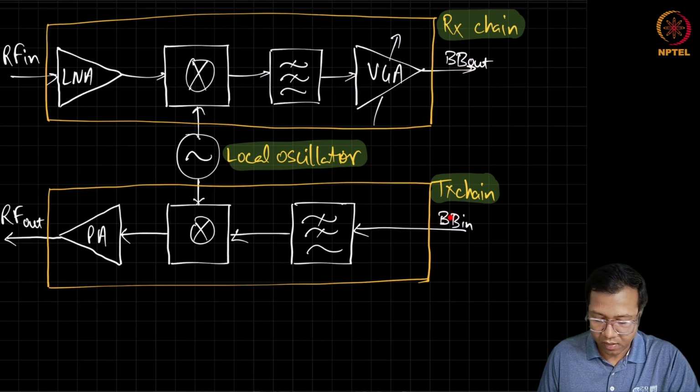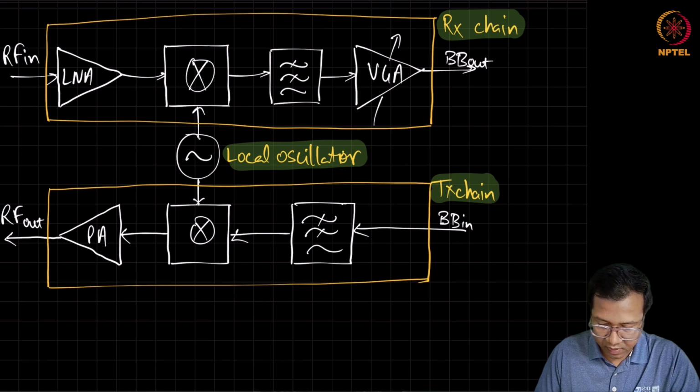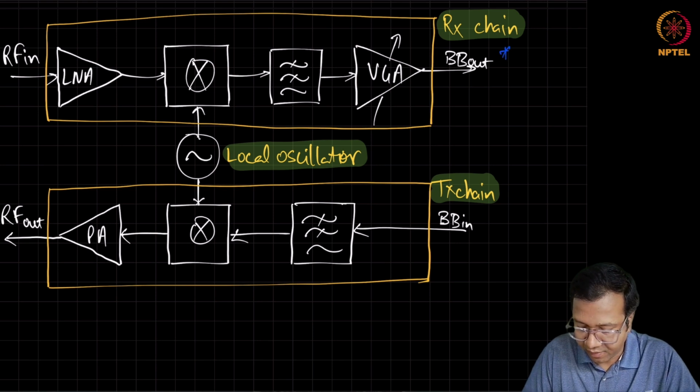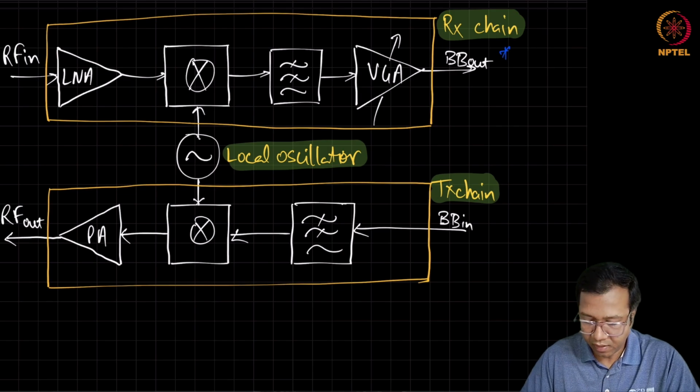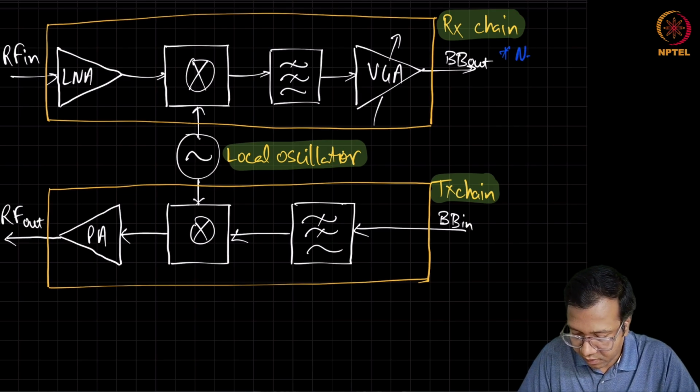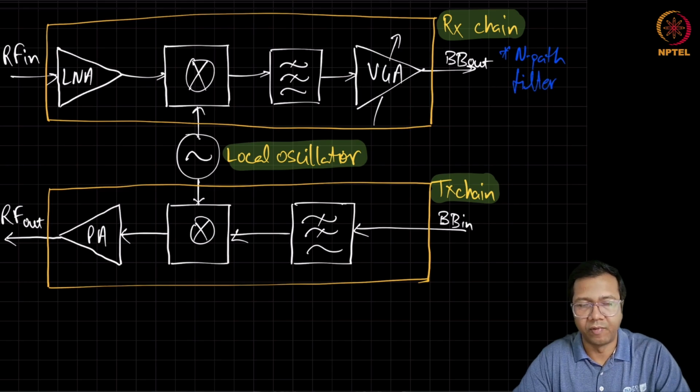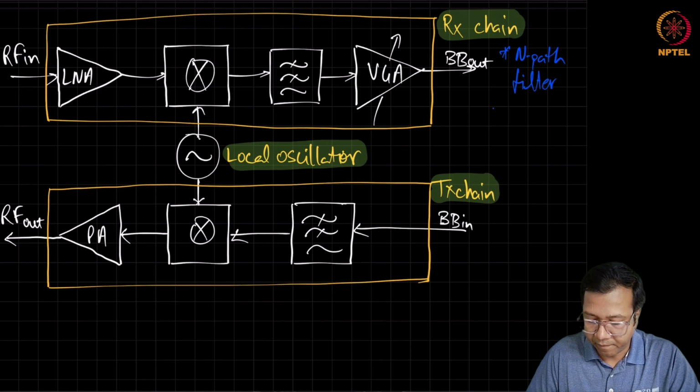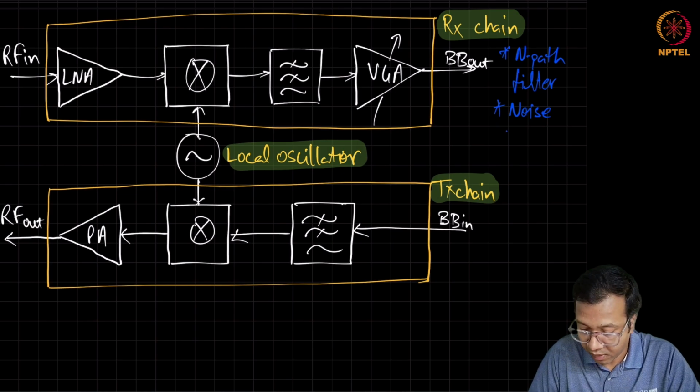In addition to that, we will also look into some of the latest trends in receiver design. One trend is how to implement and utilize N-path filtering. Then there is a concept of noise cancelling low noise amplifier.